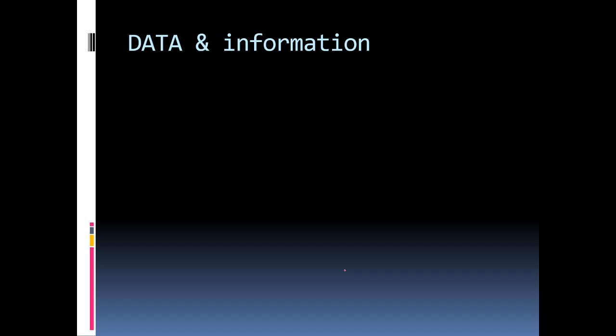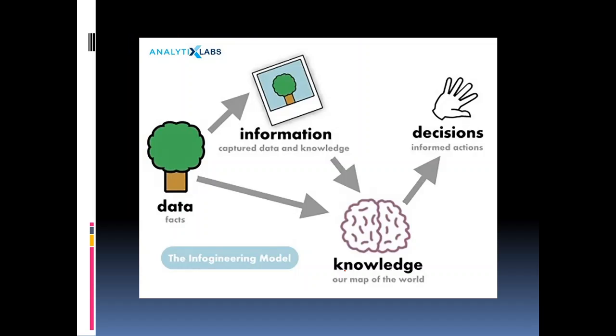So before going further, let's see what is data and information. Data is actually facts and figures. You can say the raw form is known as data. Data can be converted into information. Like if this tree is in its raw form, when it is captured, data is converted into information.